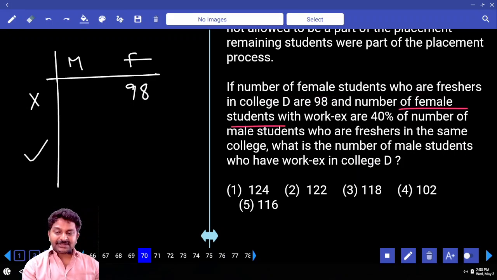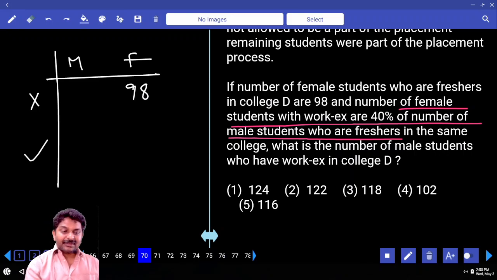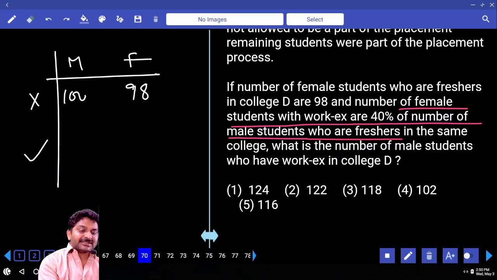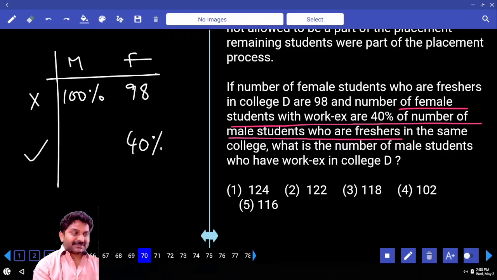The number of female students with work experience is 40% of the number of male students who are freshers. Male who are freshers, if these people are 100%, female who are experienced are 40%. Experienced in the sense those who have a job. Without a job, where will experience come from? Right.